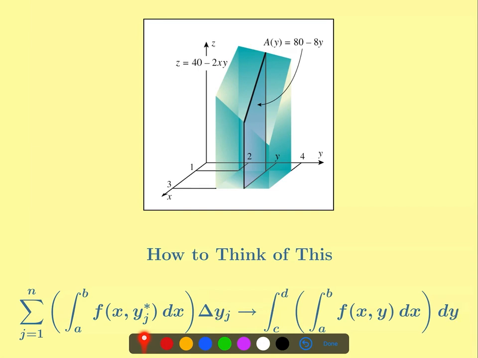This becomes a dy. Y is going from 2 to 4 in this solid, or from c to d in general. And here, x is going from a to b in the solid. It's going from 1 to 3. And again, this is just the area of the face. So now we have a double integral, also looking at the problem from this point of view.